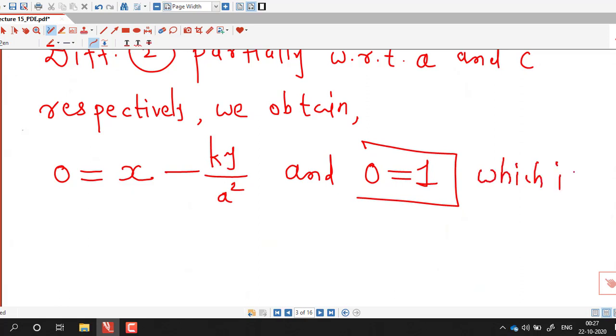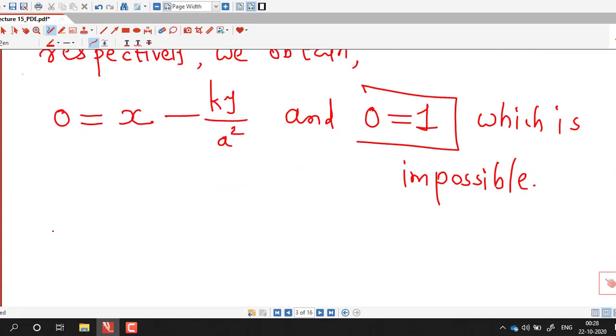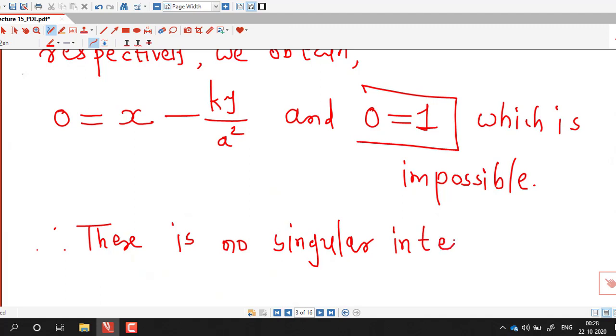So we obtain a contradiction, which is impossible. That means the singular integral does not exist, or there is no singular integral for the given equation 1.